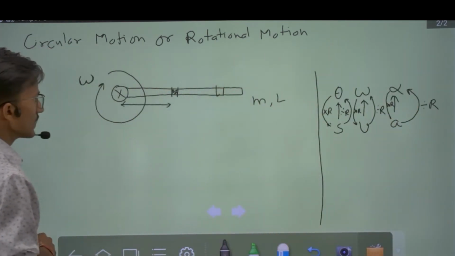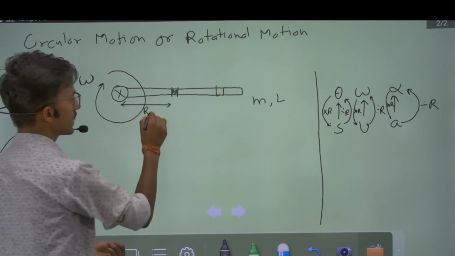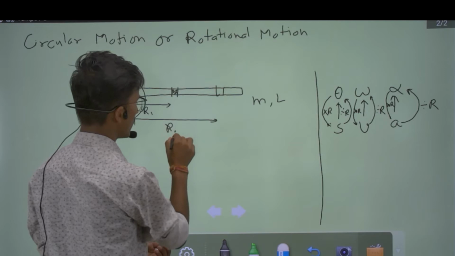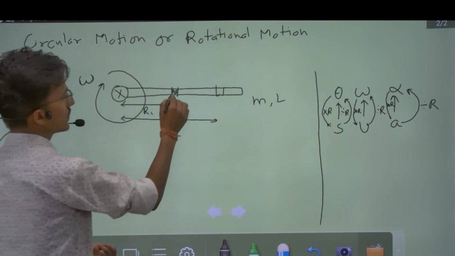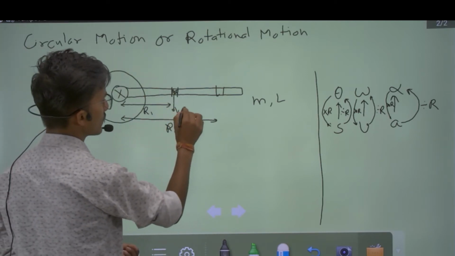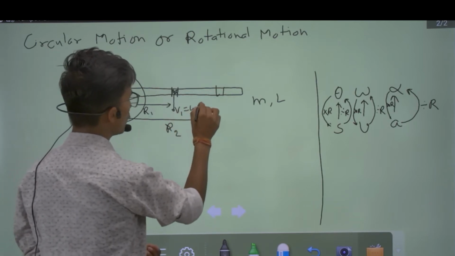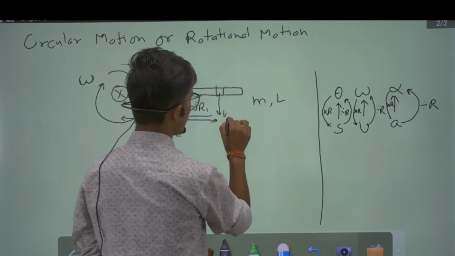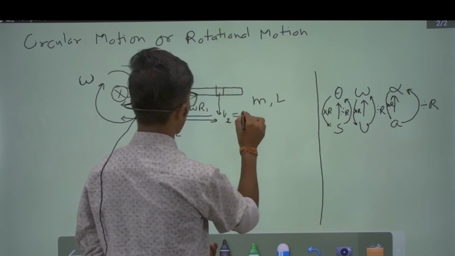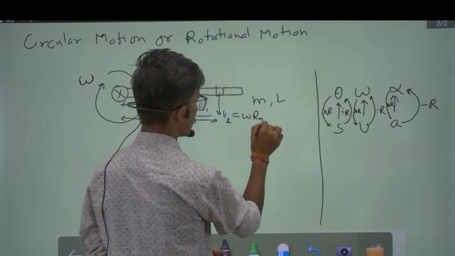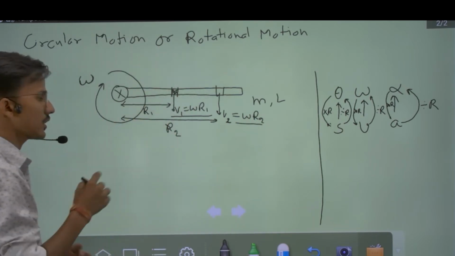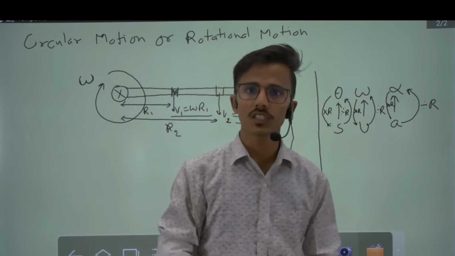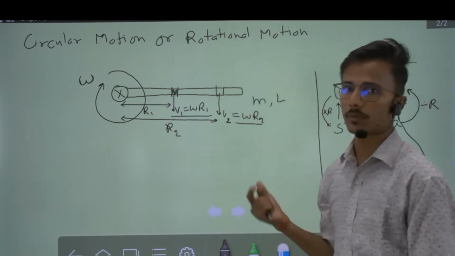Here, say the radius for one particle is r1 and for another particle is r2. Then the velocity v1 will be equal to omega into r1, and v2 will be equal to omega into r2. So in circular or rotational motion, the angular velocity will be the same, but the velocity will be different.